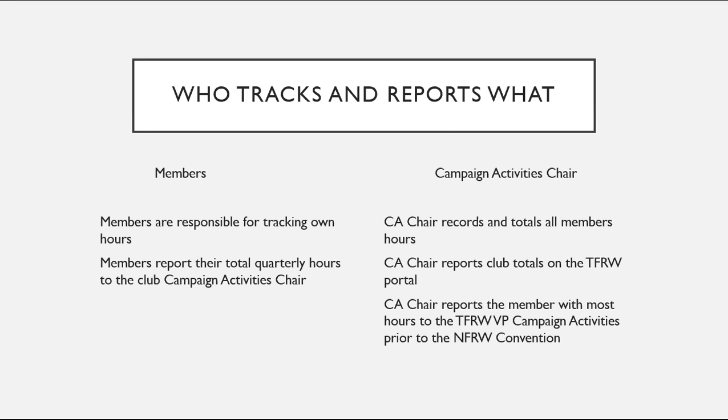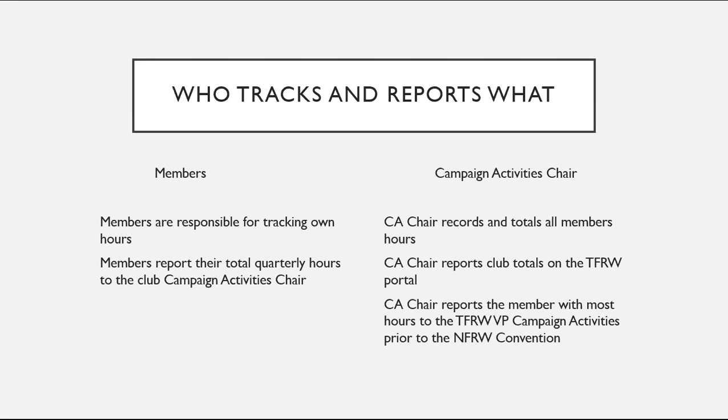I will total all those numbers up and then report to NFRW the state member who has the most campaign activity hours. That member will be acknowledged in the book at the NFRW convention, and we will acknowledge them and present an award at the TFRW convention.